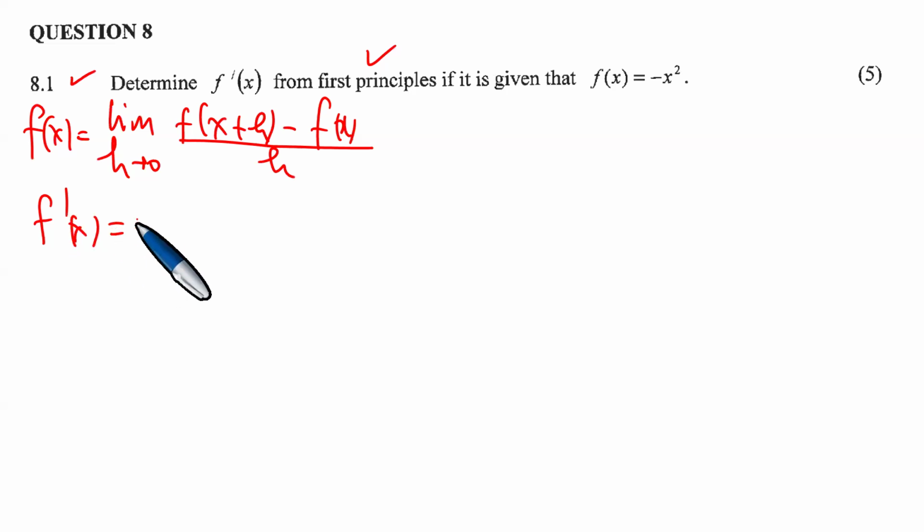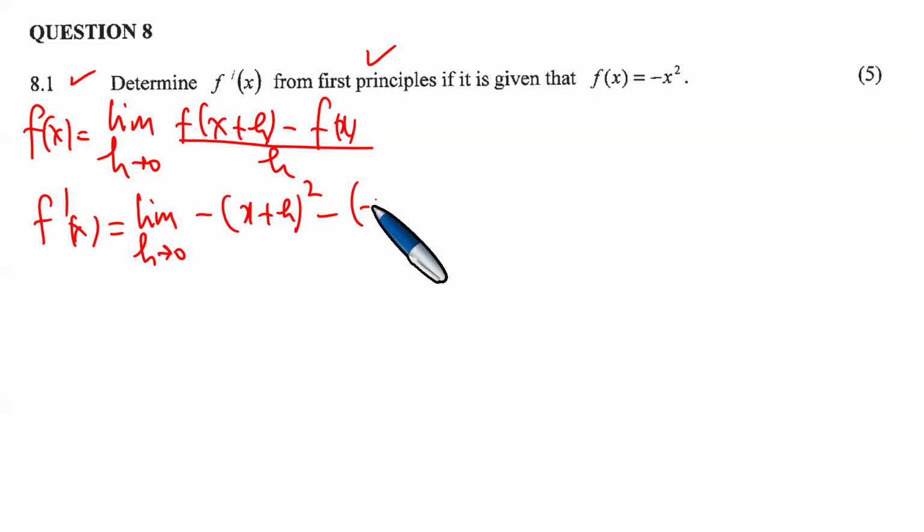So you have f prime of x, which becomes the limit of minus x plus h squared, over h.